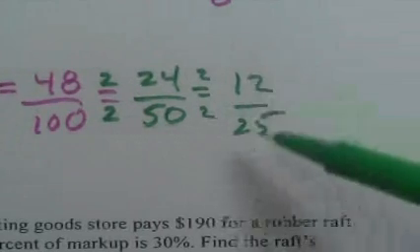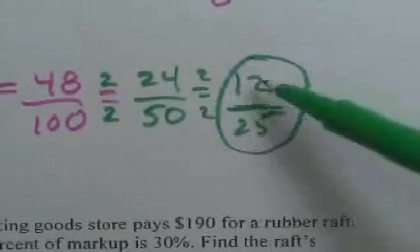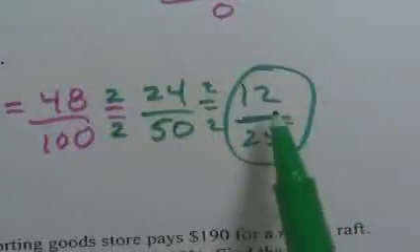No, you can't. That's as far as you can go. 12 over 25. So we changed this percentage into a fraction, a reduced fraction.